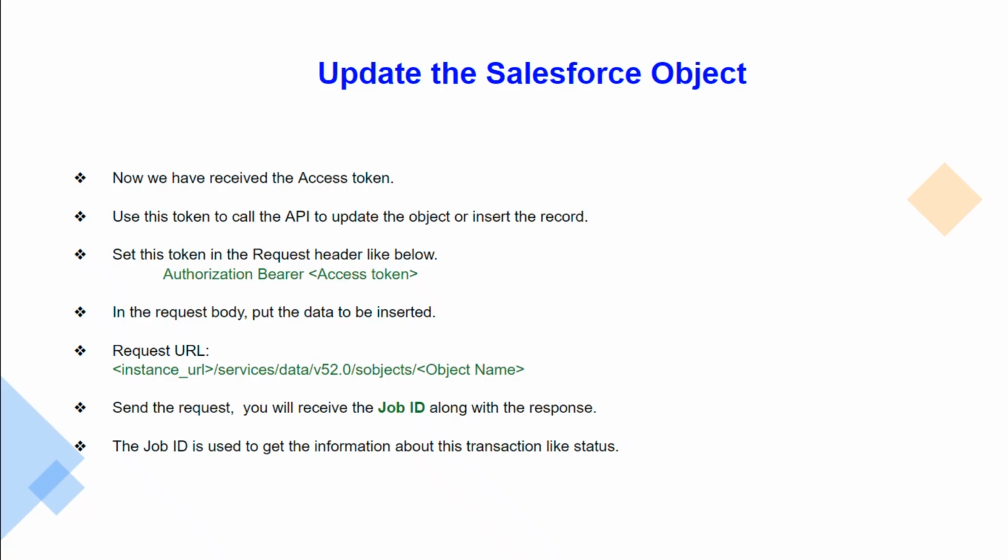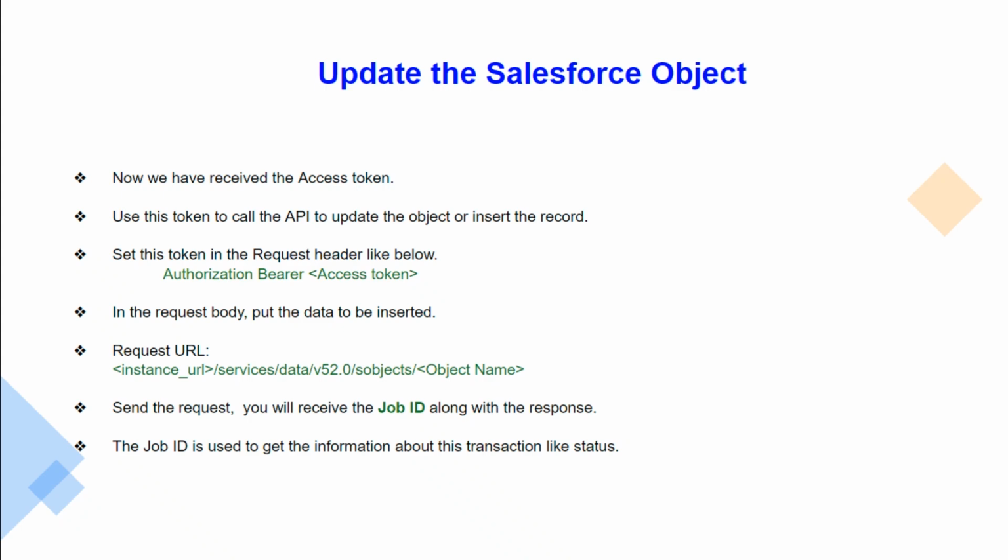Update the Salesforce object. Now we have received the access token. Use this token to call the API to update the object or insert a record. Set this token in the request header like below: Authorization, Bearer, space, then the access token. In the request body, put the data to be inserted.